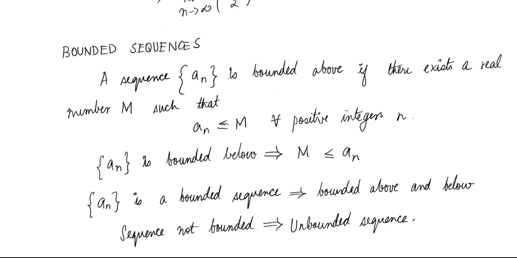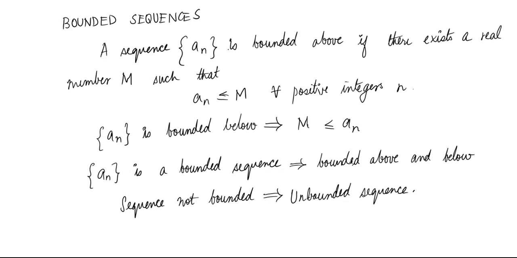All right, so a bounded sequence, what does it mean? A sequence a_n is bounded above if there exists a real number, capital M, such that a_n is less than or equal to M for all positive integers n. That makes sense. If it's bounded above, then all a_n values should be under M, right?